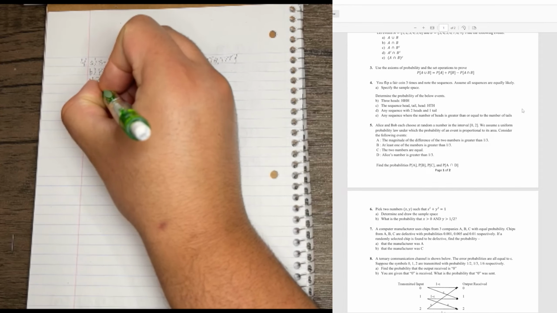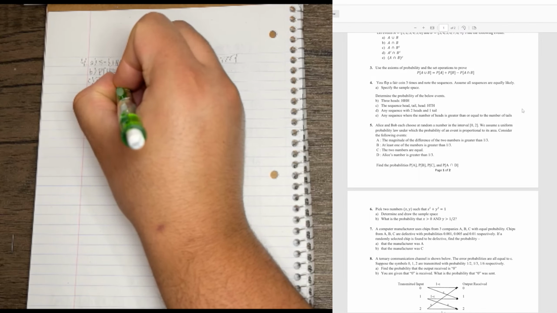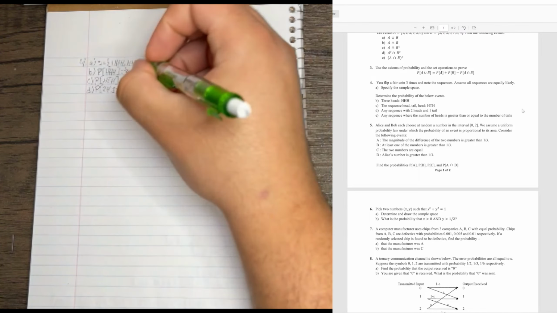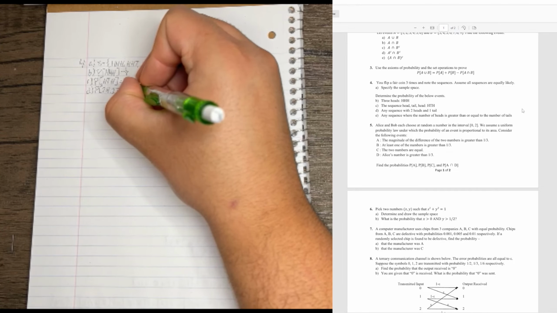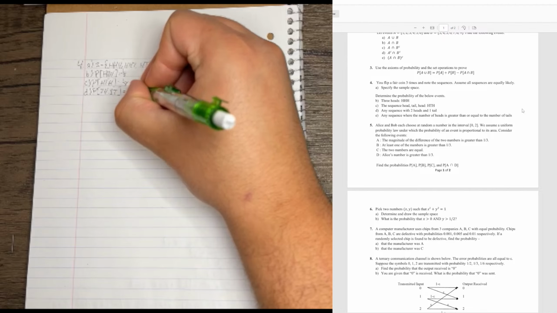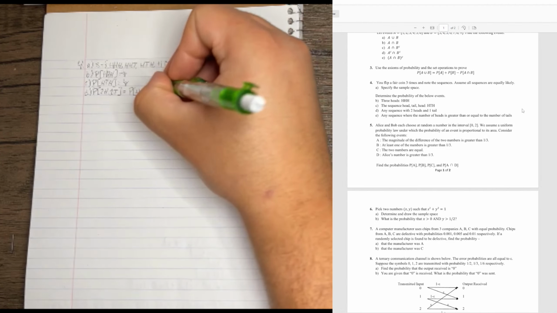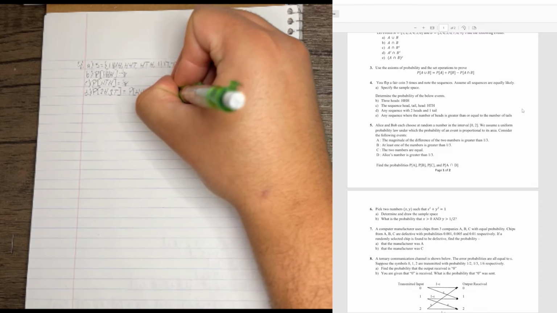Probability of 2 heads, 1 tail, which is equal to probability of HHT plus probability of HTH.